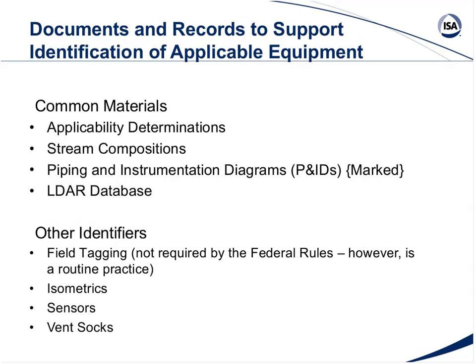If I'm using the batch process exemption for keeping something under a certain number of hours, I need to have that applicability determination. It's nice to have your piping and instrumentation diagrams that are marked up so that you know which lines are subject to leak detection and repair and which ones aren't. Which ones have those hour determinations on them.